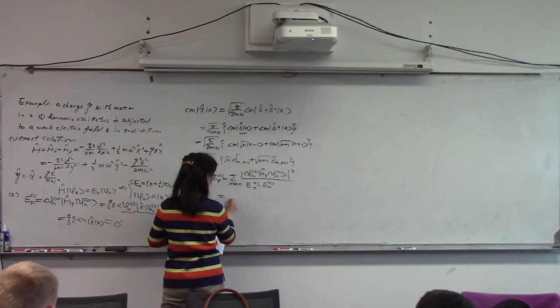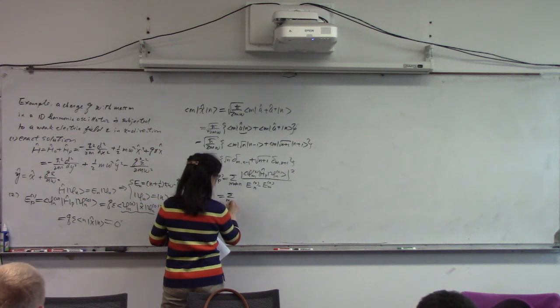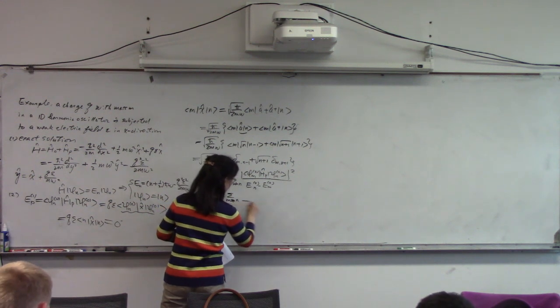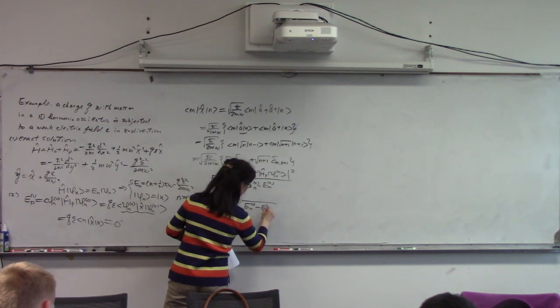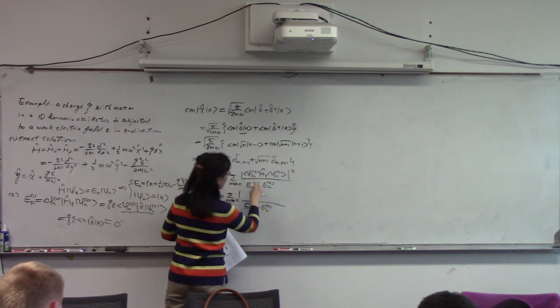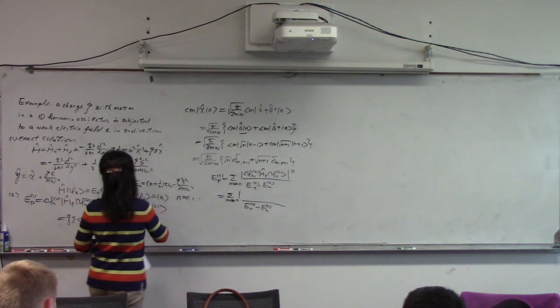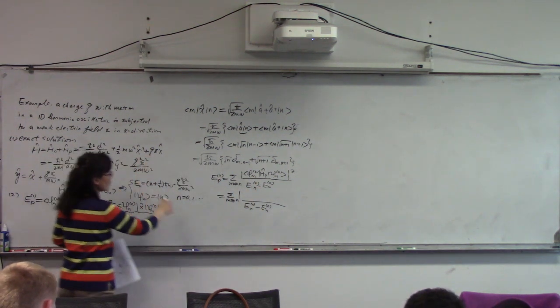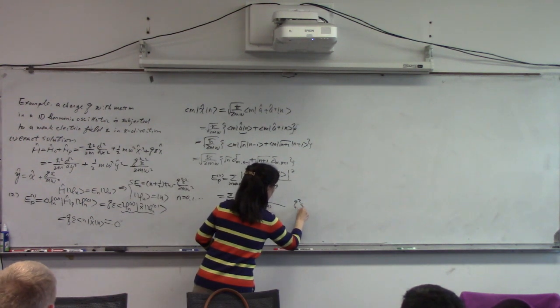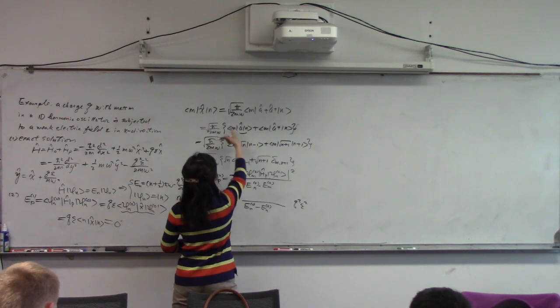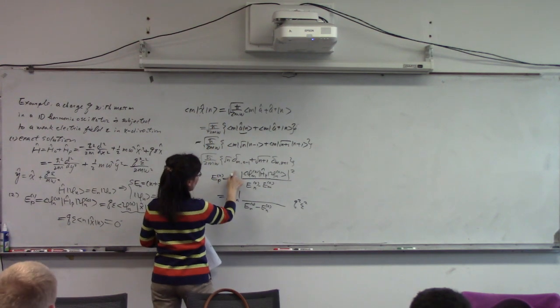Let me still keep the denominator here. Inside here, H_P is q epsilon x, so I take q squared epsilon squared outside. The inside is this one, right?